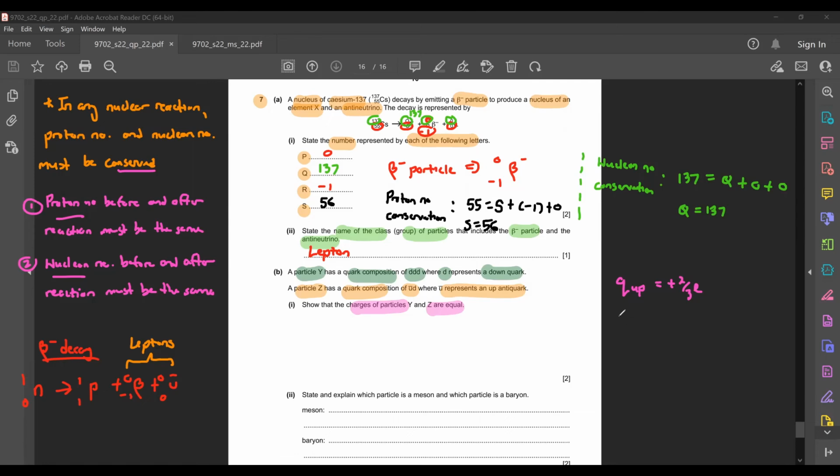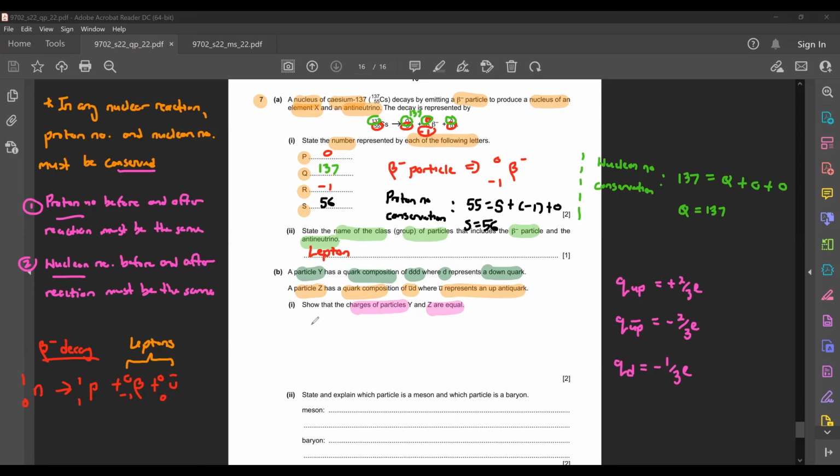But the charge of an anti-up quark has an opposite sign but the same magnitude of charge. And the charge of a down quark is just -1/3e. Okay, so these are all the charges relevant to your current question.